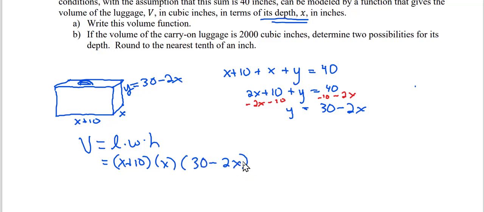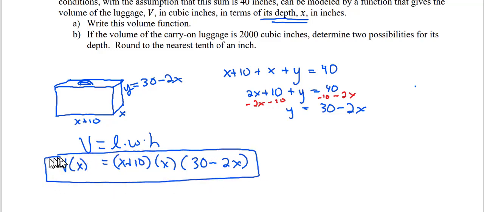We have to measure those dimensions. So this volume as a function of x can be written that way. Well, that's nice because that's in factored form, and so if we needed to solve that, set equal to 0, we could do that. But setting that equal to 0 is kind of strange because that's saying the volume is 0. That's not really what we're going to want to do.